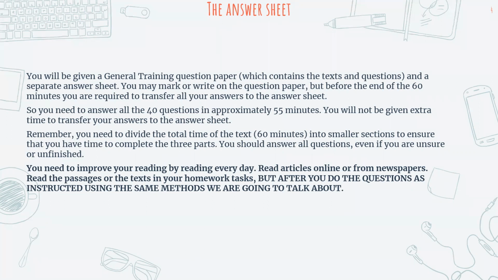But before the end of the 60 minutes, you are required to transfer all your answers to the answer sheet, okay? So you need to answer the 40 questions in approximately maybe 50 to 55 minutes. So you will not be given any extra time to transfer your answers to the answer sheet. So you need to give yourself maybe 5 minutes to do that, okay?